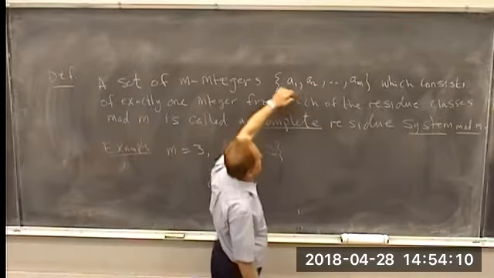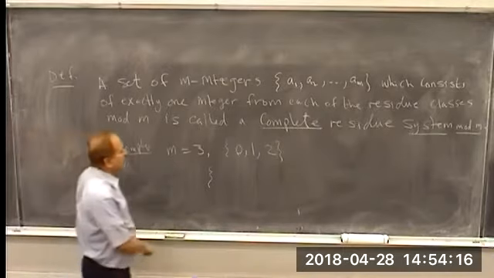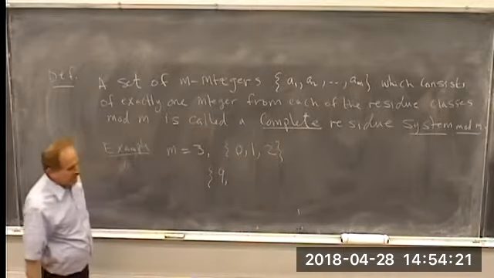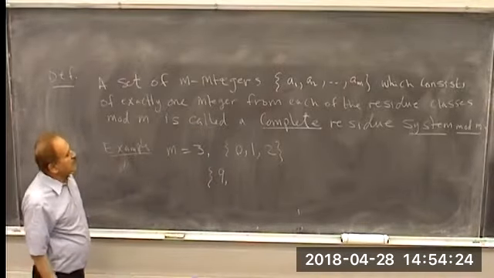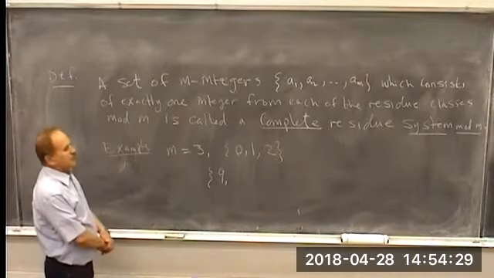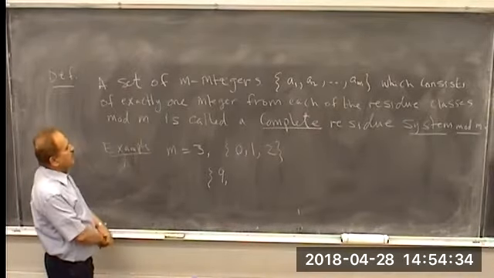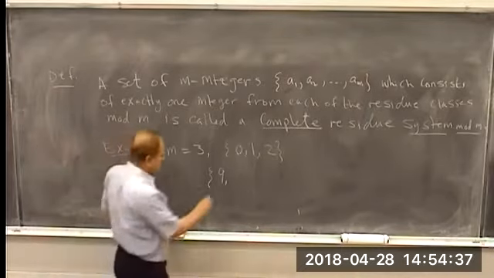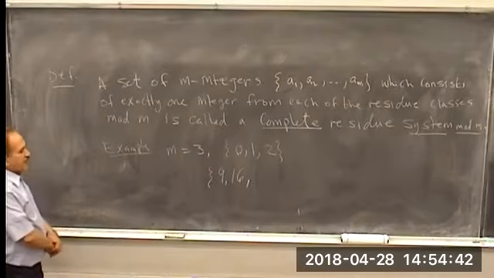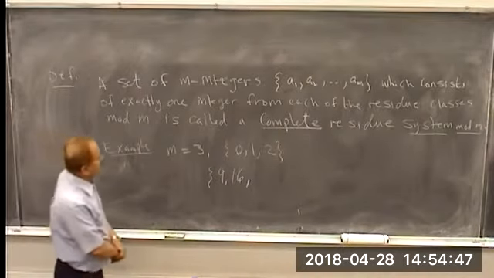Of course, we could put these in any order, but let's put them in one order here. For example, I could take 9 instead of 0, because 0 and 9 leave the same remainder. Then for 1, I can replace it by 1 plus any multiple of 3, or you could subtract, and let me make this one 16. And for 2, you can take 2 itself, or you can take 2 plus 6, which is 8.